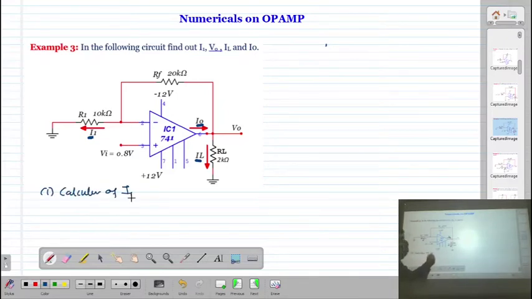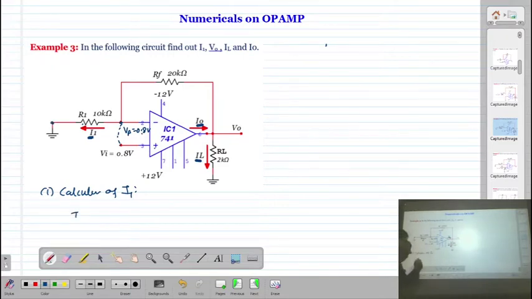Calculation of I1. For the calculation of I1, here again we apply the concept of a virtual ground. Whatever the potential at the non-inverting terminal is, the same potential will be at the inverting terminal. So this VA will be equal to 0.8 volt. Both the terminals will be at the same potential. So across the resistance R1, this potential is 0.8 volt, this potential is 0.